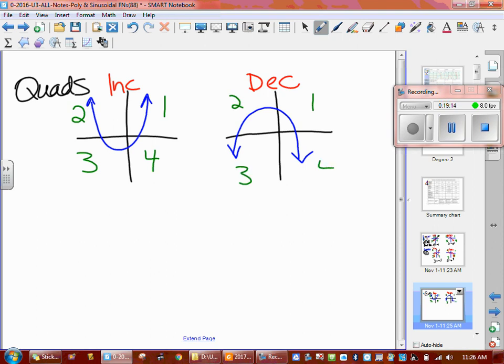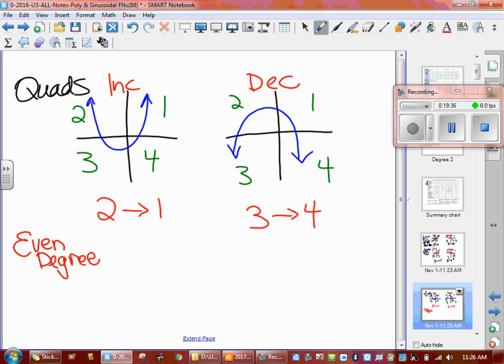A decrease is always going to go 3 to 4. So, they're either going to start on the top of your graph and end on the top, or they're going to start at the bottom and end at the bottom. And that is common for even number degrees. Even degree functions. So if we had a degree 4, degree 6, degree 8, they would have these similar features.